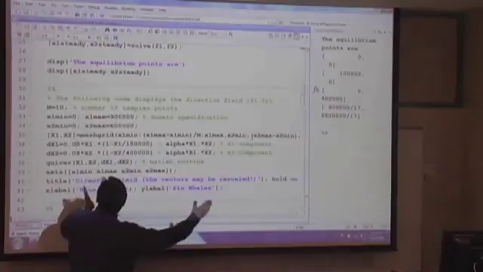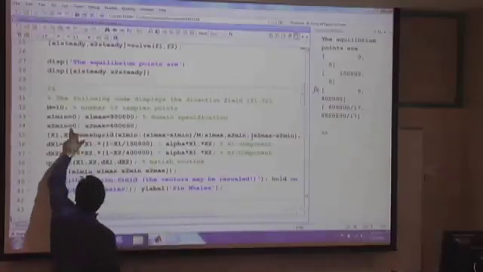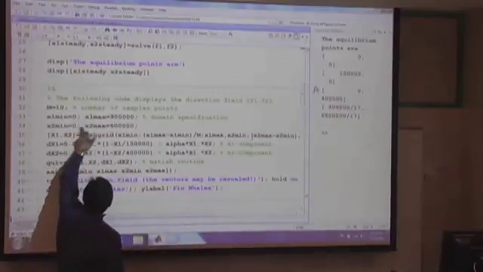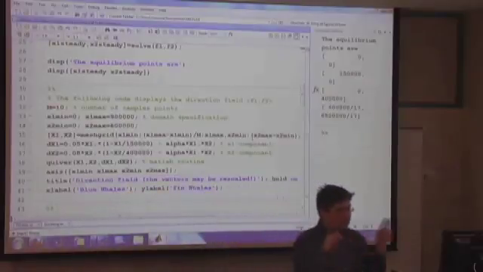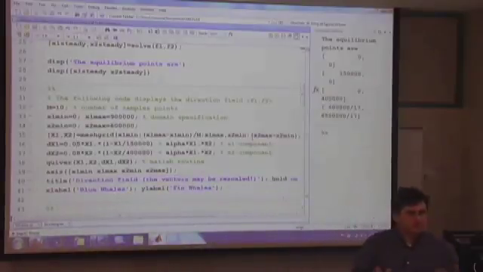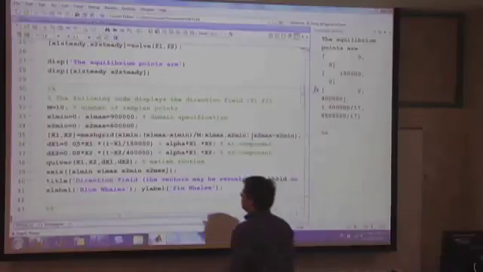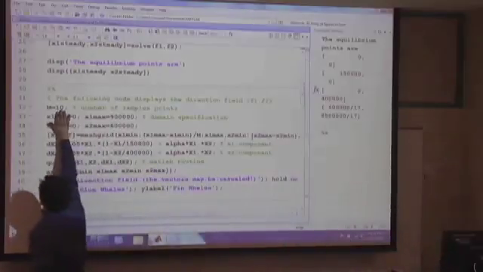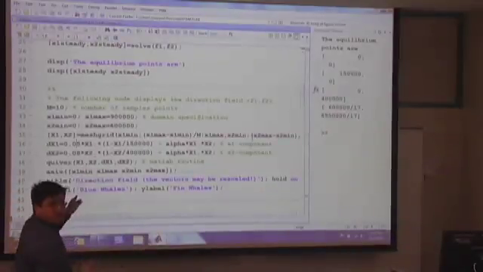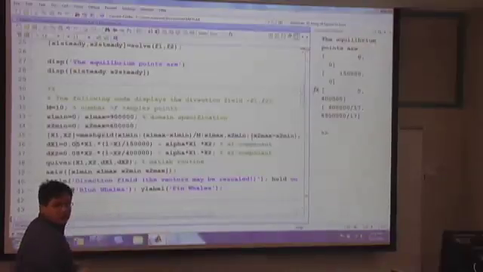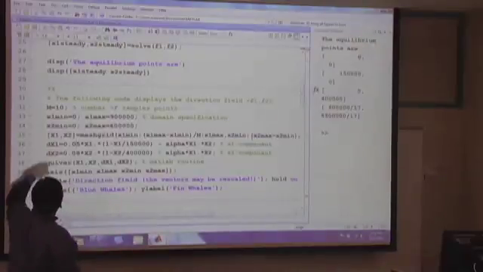So x1, say between 0 and 900,000, x2 between 0 and 600,000. The window size has to capture the steady states if you want to see the whole picture. And then I choose 10 points by 10 points, so a grid of 100 points. I'm going to see 100 directions.